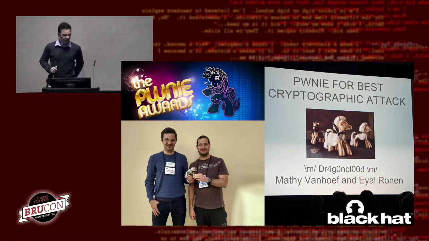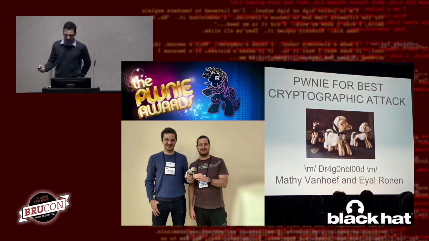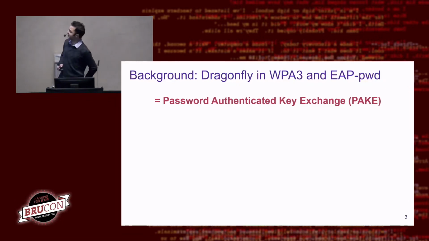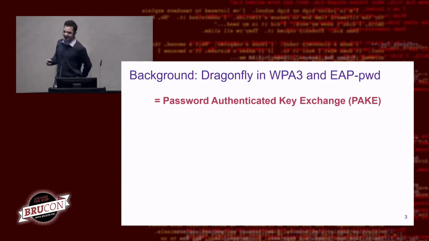But let's get back to our story here. I wanted to introduce the Dragonfly handshake of WPA3. And the Dragonfly handshake is a handshake that already existed for a while, in fact, because it's also used in the EAP-pwd protocol. Now, what is the EAP-pwd protocol? Well, this is a protocol that is also used in enterprise Wi-Fi networks to authenticate users.